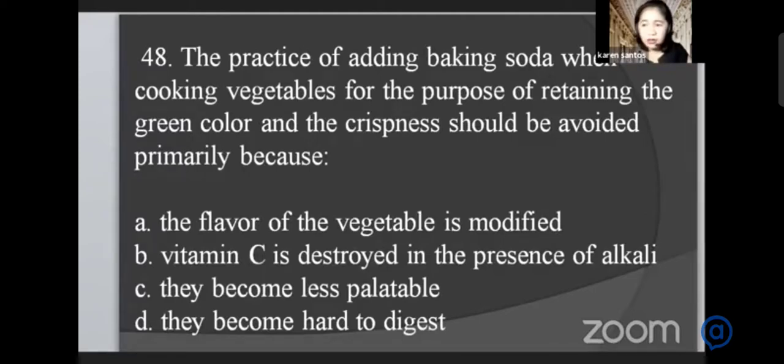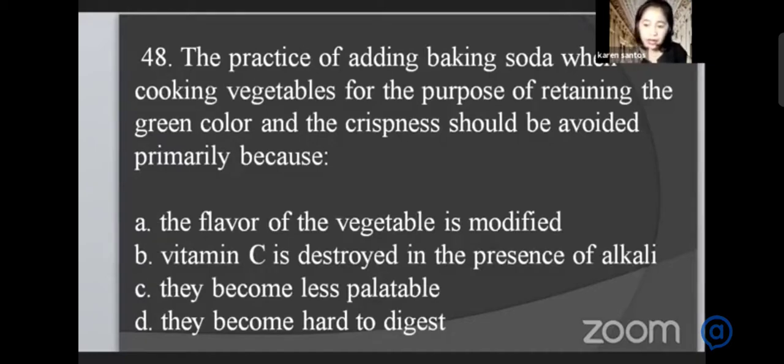So this is a bad practice, ano? So it can also affect the softness of the vegetables, and it can also alter the vegetable's flavor.